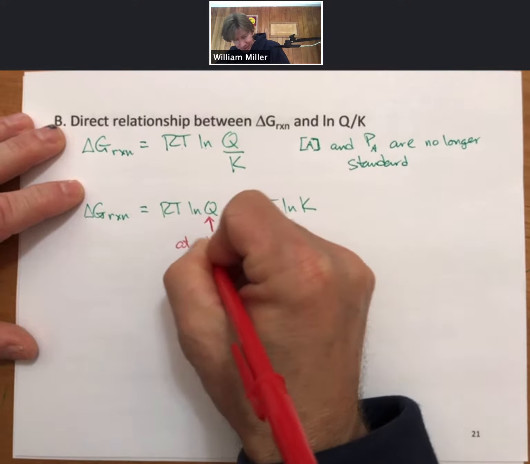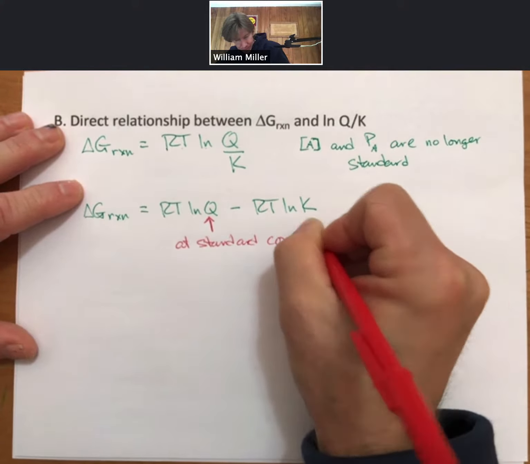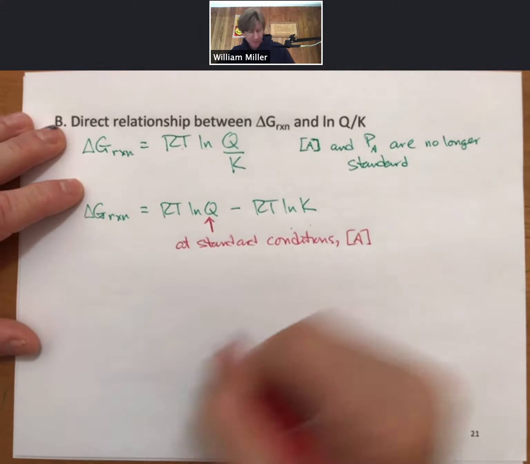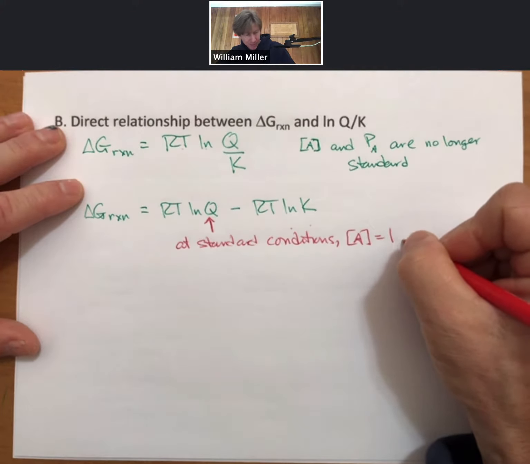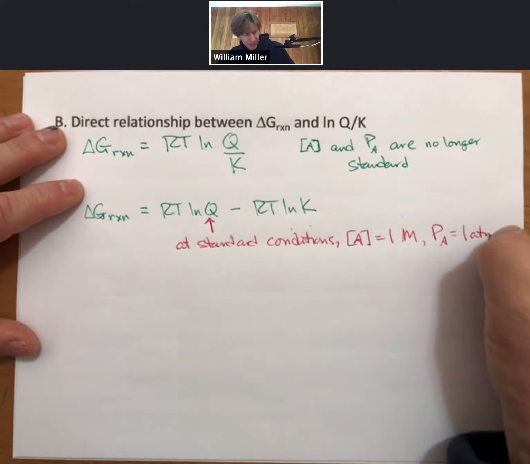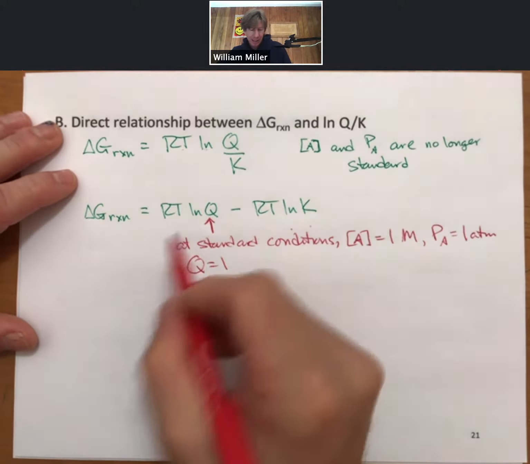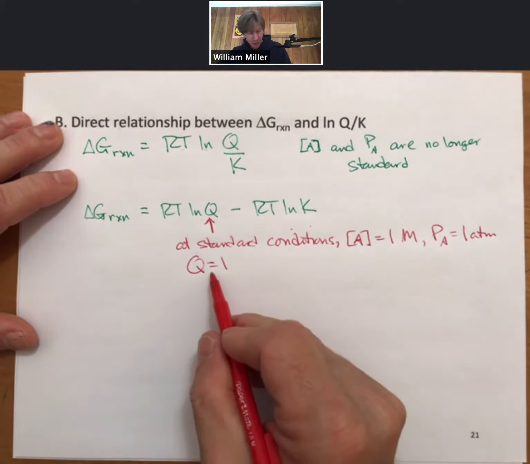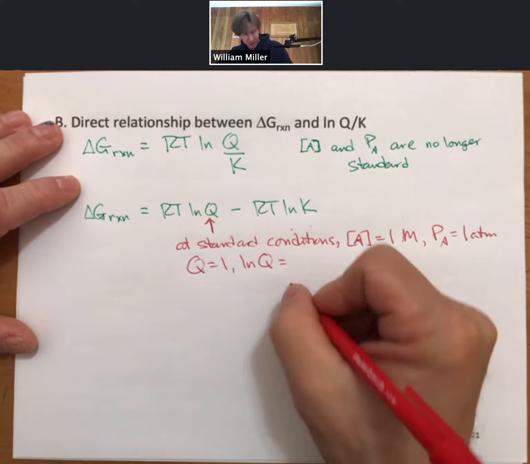At standard conditions, concentrations of A or anything equals 1 molar, and partial pressures of all species equals 1 atm, so Q equals 1. And natural logarithm of 1 equals 0, so at standard conditions, Q equals 1, ln Q equals 0.